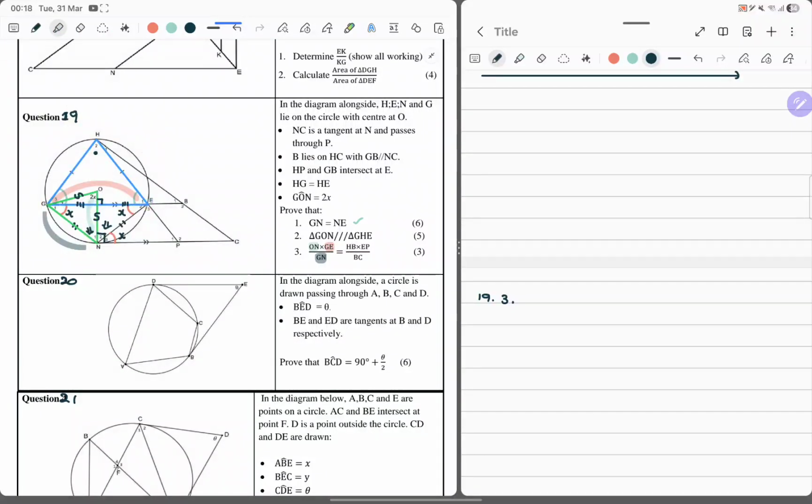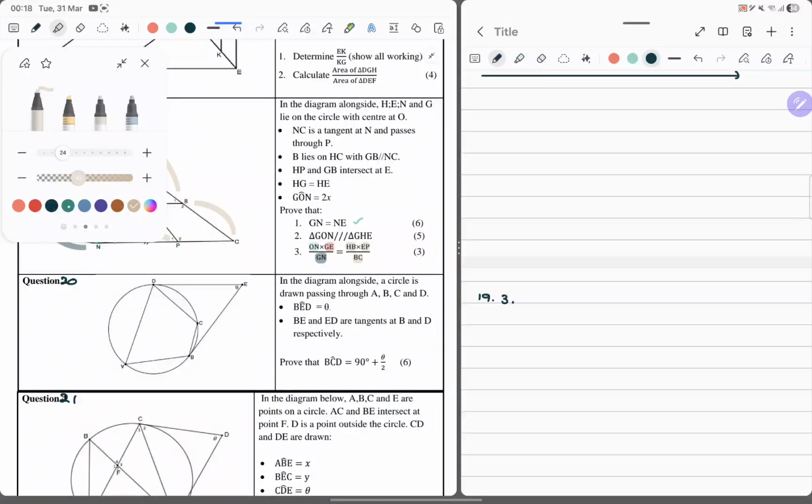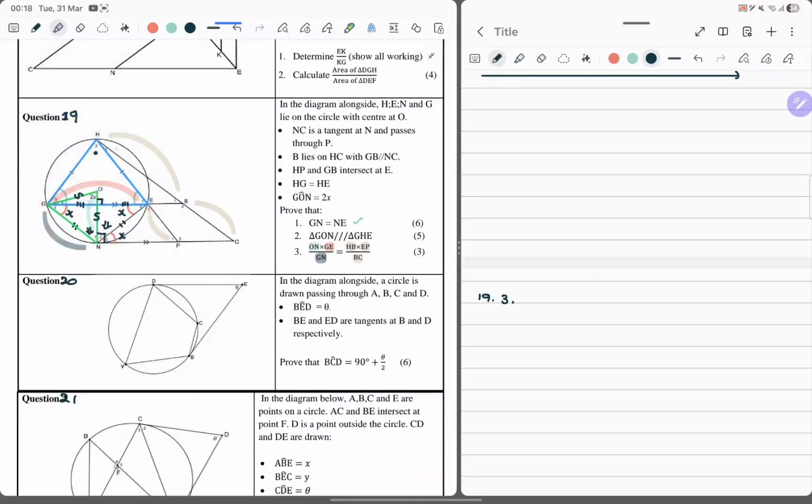HB is over here, and then EP is over there, and then BC is over here. So after we've used our green triangles, we're probably going to have to zoom into this triangle.